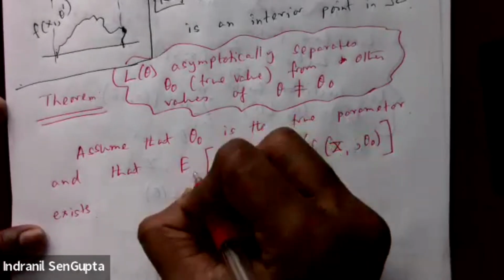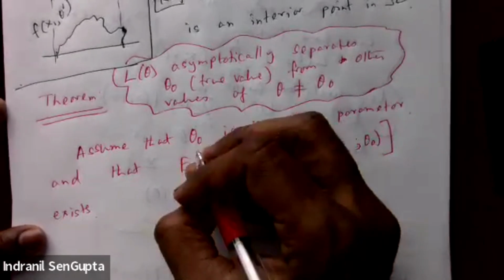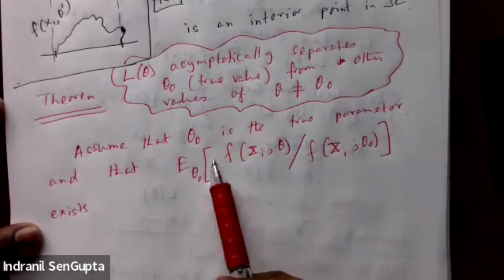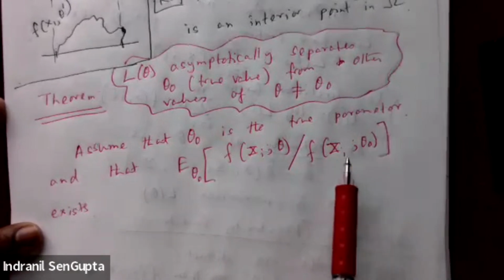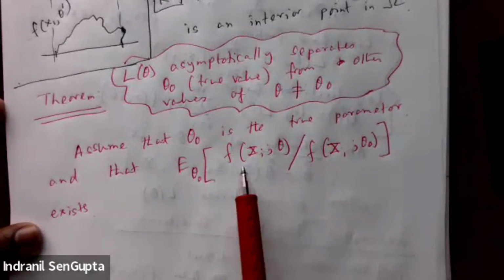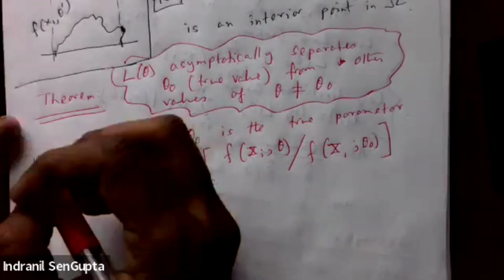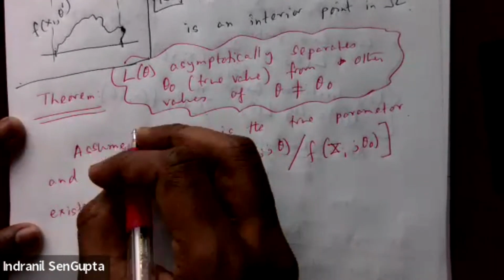I'm taking the expectation with respect to theta 0, meaning the PDF is the one with the value of theta equal to theta 0.